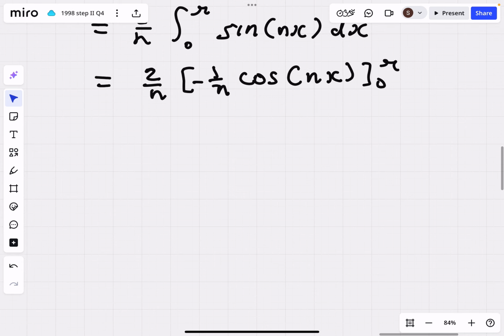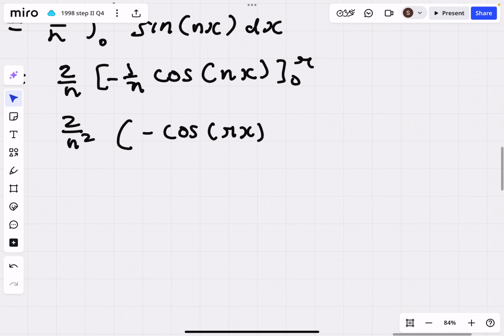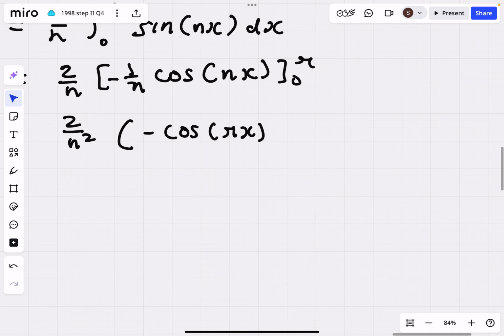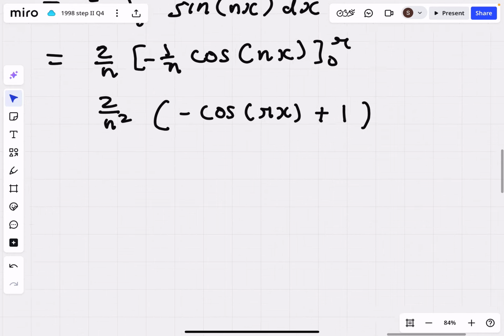First, let's take out 1 over n, and then let's evaluate. So minus cos nx at pi would be minus cos n pi, and then at 0 cos nx would be 1, so minus 1 would be positive 1.